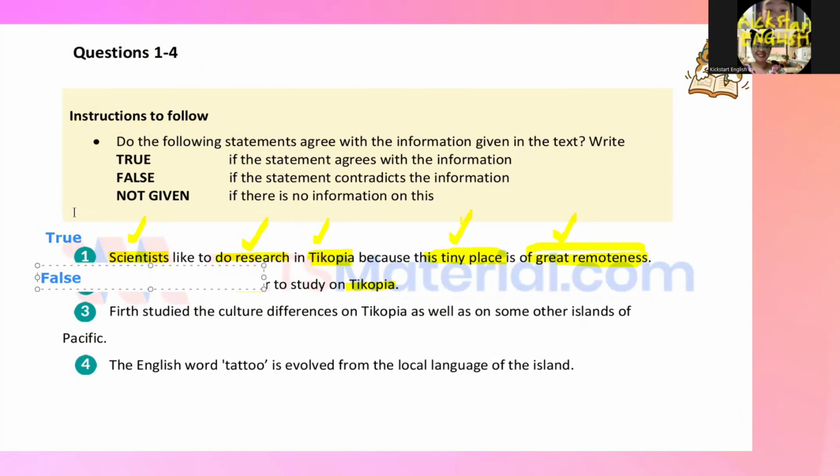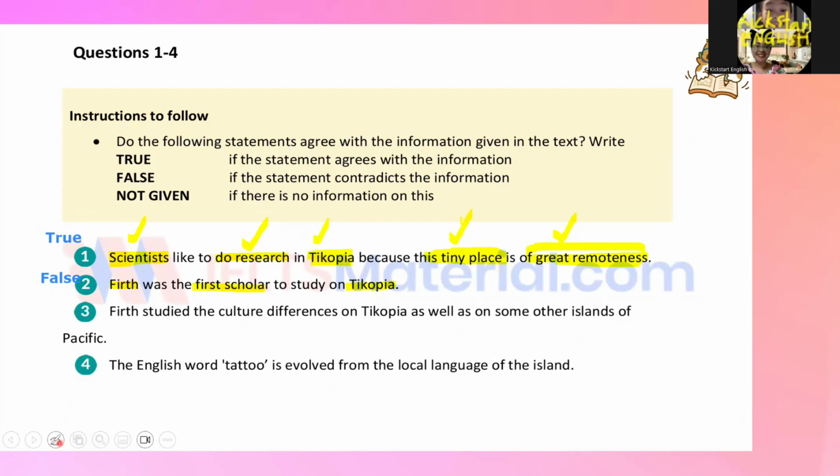Okay, now let's go to question number 3, or sentence number 3. Firth studied the culture differences on Tikopia as well as on some other islands of the Pacific.